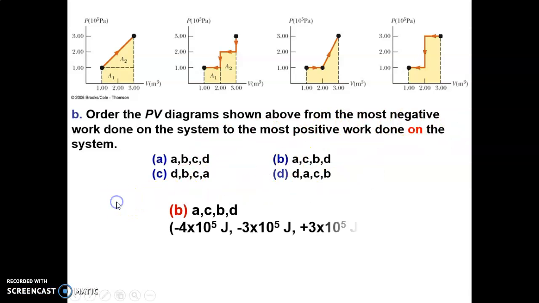So we're going from most negative, this is the least negative, this is the least positive, to the most positive. And so that's what they want. You know, this total area here is 4. This total area here is just 3. You might have to take a little look to make sure that you understand.